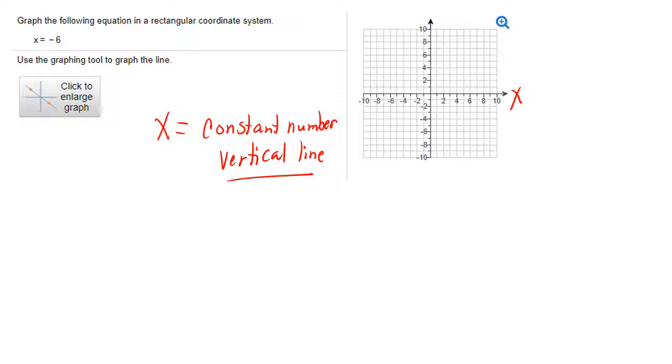My number is -6. So I click on the point -6 on the x-axis. Since I know this is a vertical line, I can go above or below, and I will click on a second point. Doesn't matter how far out. As long as it's above or below, you will see the vertical line appear.